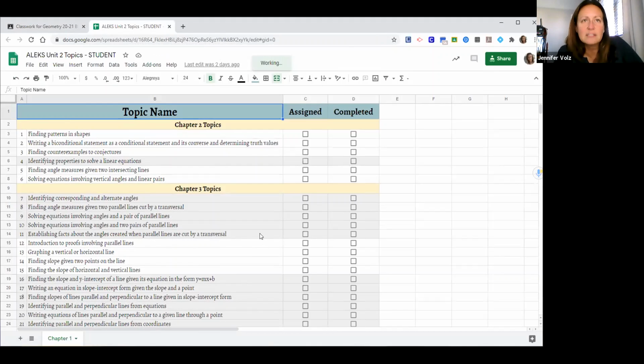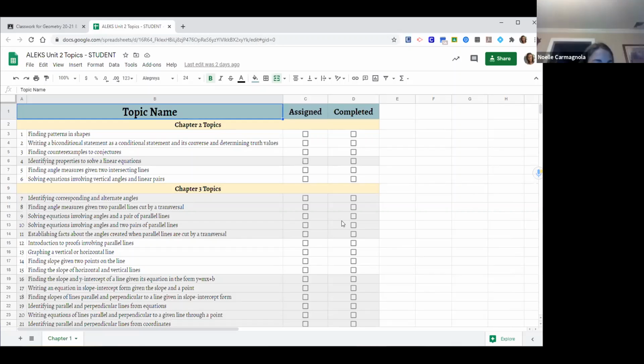I'm kind of curious. When you open this topics document, did anybody start checking off? I know Nicole, right? Or Noelle? You started checking off the ones that you had completed in this document? Can you unmute yourself? Back on Monday, when I gave you this document, I saw that you had checked off some things, right? Now, when you open today's document, does it still show those check marks?